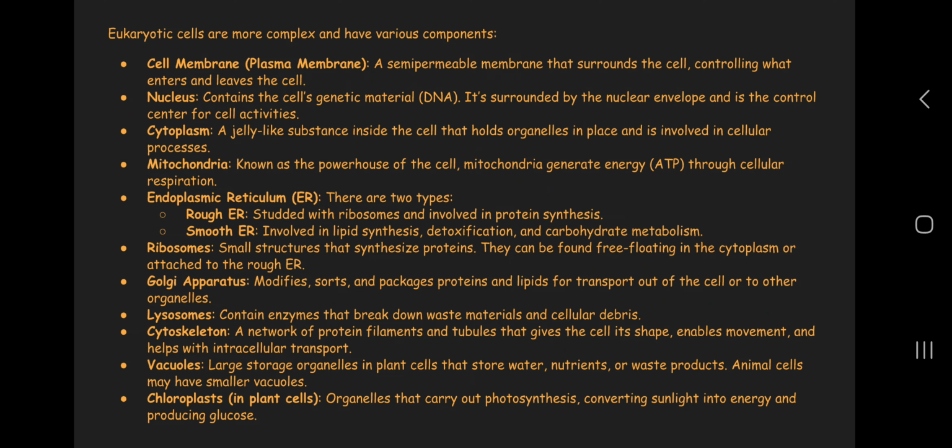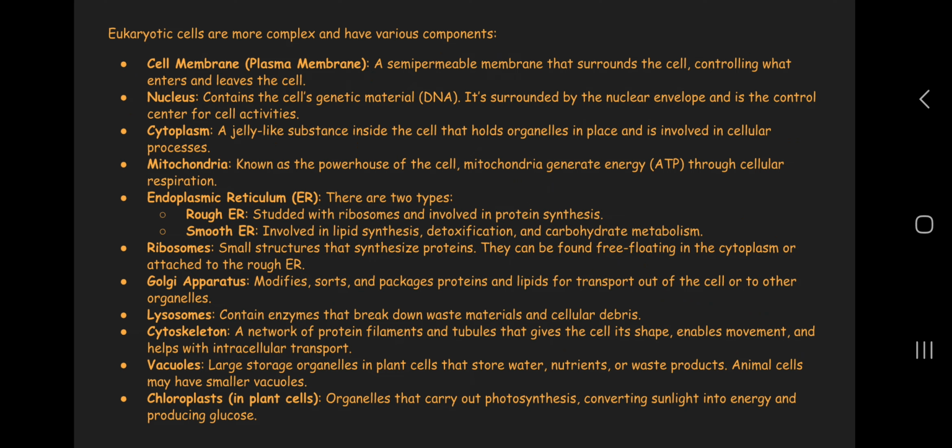Eukaryotic cells are more complex and have various components. Cell membrane, also called the plasma membrane, a semi-permeable membrane that surrounds the cell, controlling what enters and leaves the cell. Nucleus contains the cell's genetic material, also known as DNA.